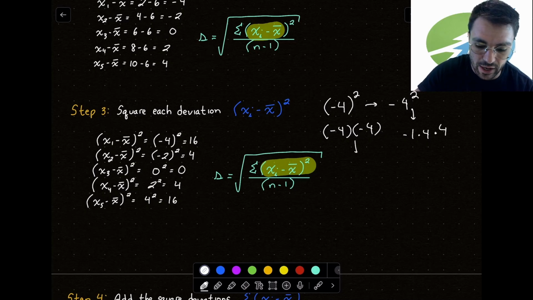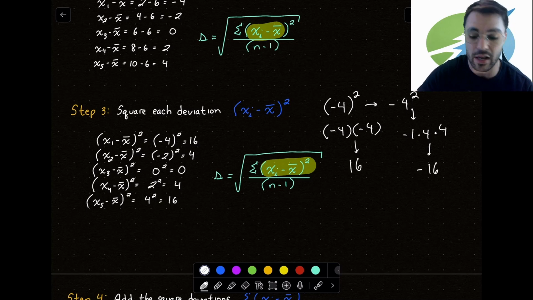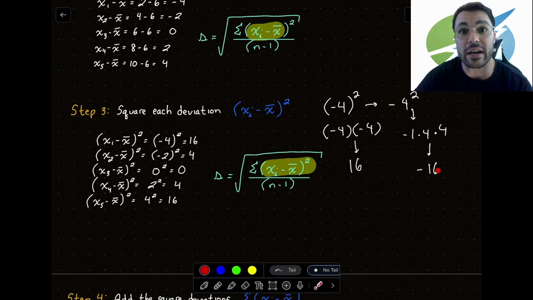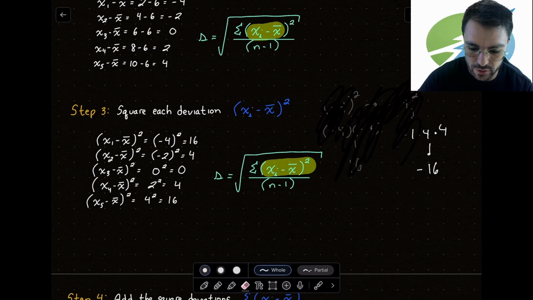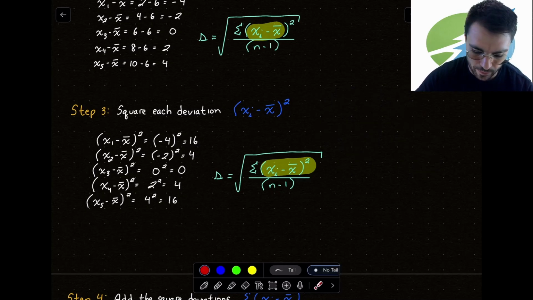So this statement right here will give us a positive 16, where this statement right here will give us a negative 16. You might notice on your calculator sometimes where you just plug in this and you get a negative out, and you might be wondering why. This is the reason why. So whenever I deal with negatives raised to exponents, I always put them in parentheses to avoid this confusion. Okay. Quick side notes. Let's erase all this.